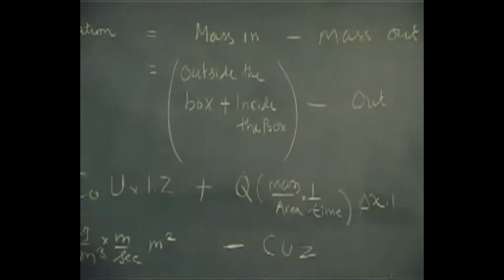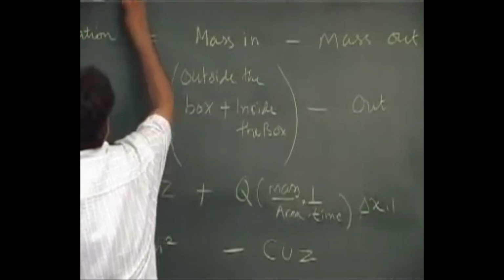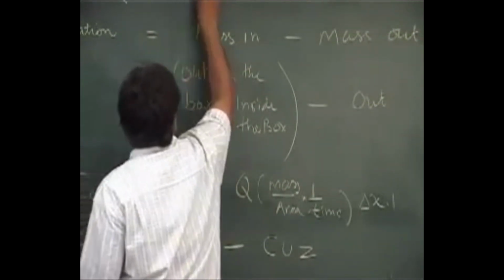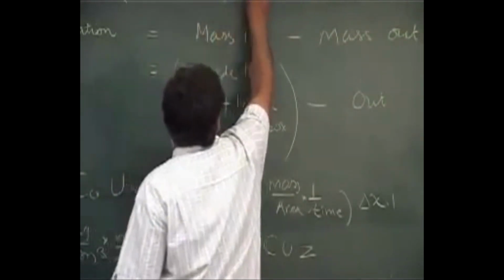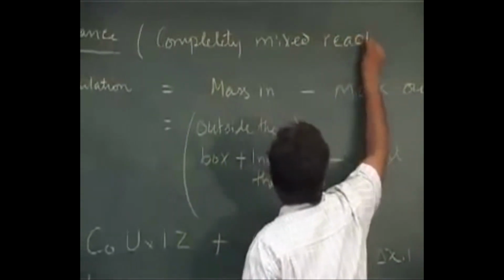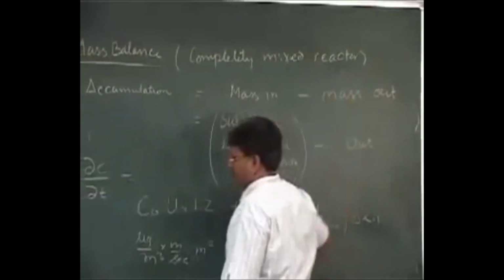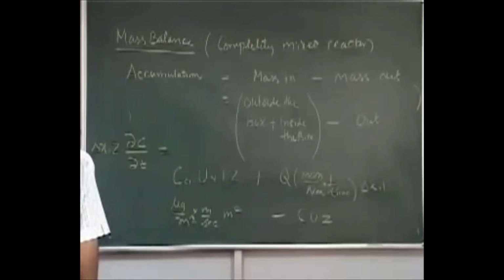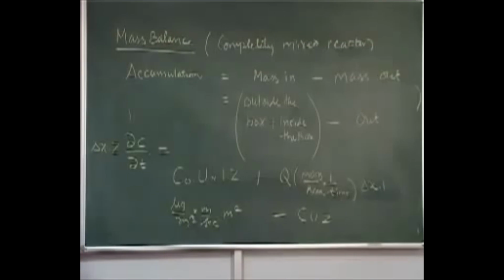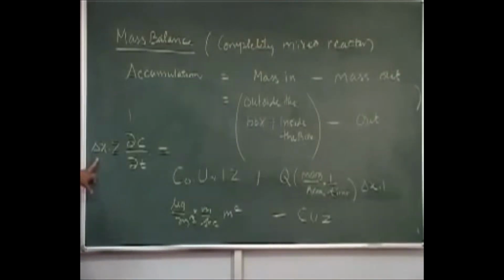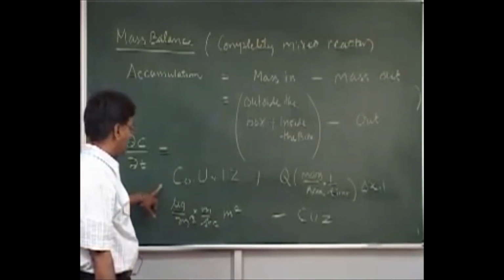C is what we are doing the mass balance for, considering the box as a completely mixed reactor. Why don't you quickly check if everything is all right? That is fine. This is also fine.